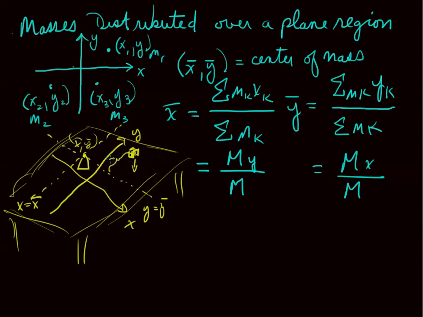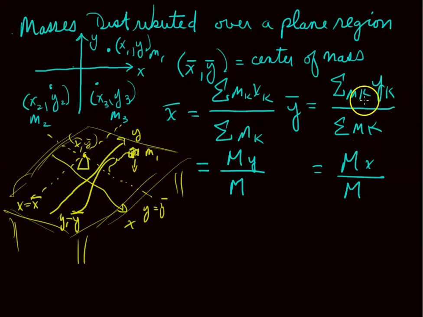Y minus y bar. We'll call it y sub 1. This is our mass sub 1. This y minus y bar is pushing down here, and it's trying to move it about the x.